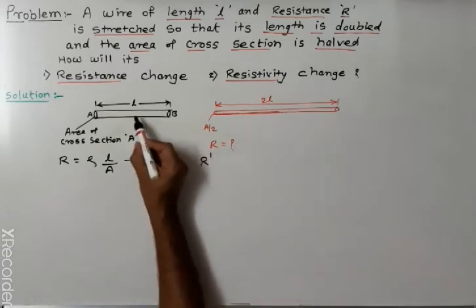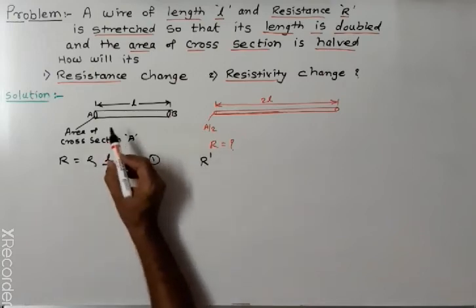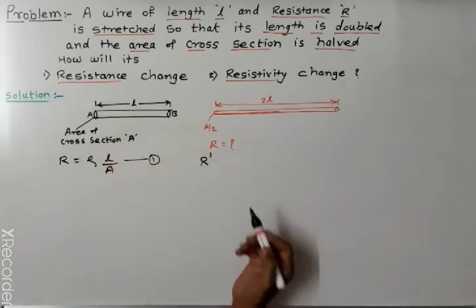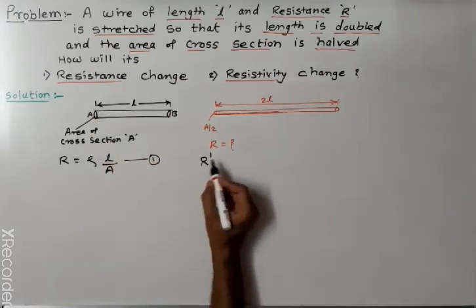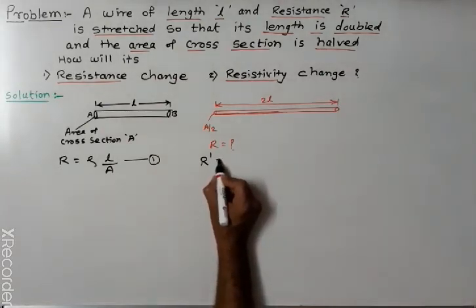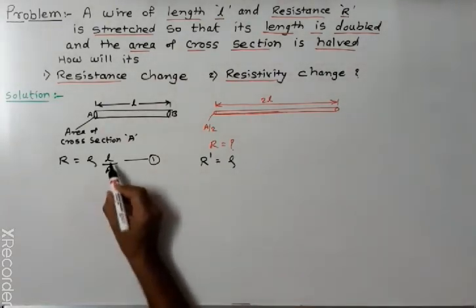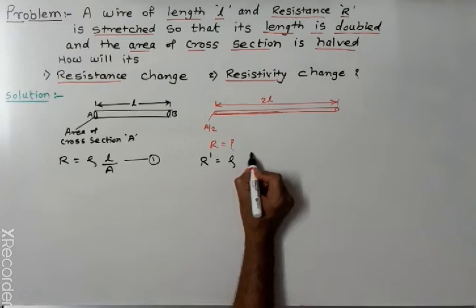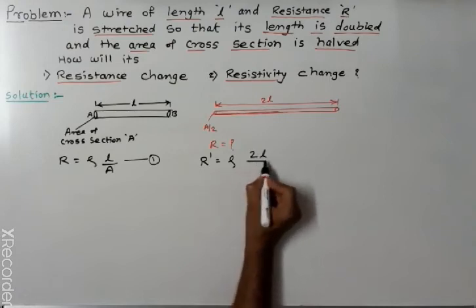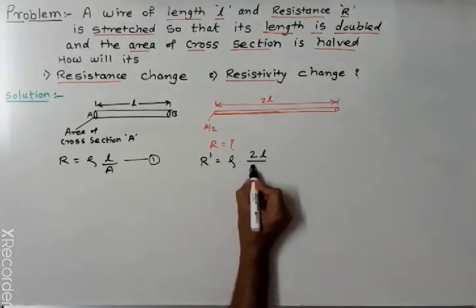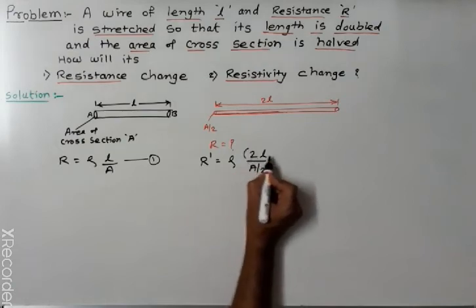Whatever changes you make in this wire, that is, the area of cross section is half and the length is double, then R dash is equal to rho into the length 2L upon the area of cross section A by 2.